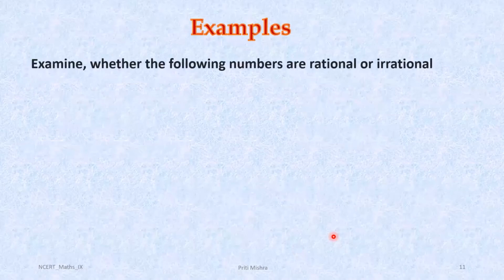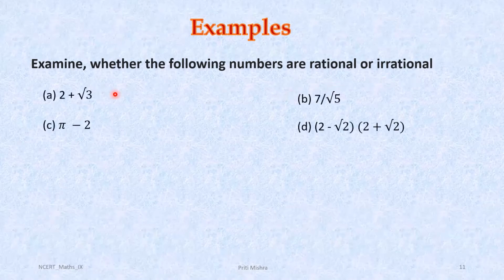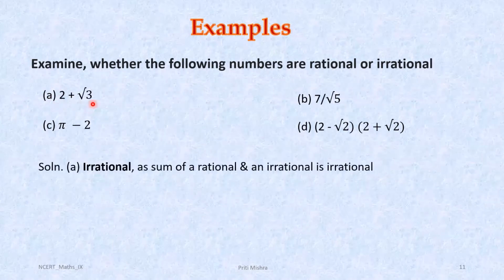Let's have another example. Examine whether the following numbers are rational or irrational. So here we are having 4 types of numbers and we have to find out whether these are rational or irrational. So at first we are having A part. So 2 plus root 3. This is an irrational number. I have explained you thoroughly in previous slides that the sum of a rational and an irrational is always an irrational.